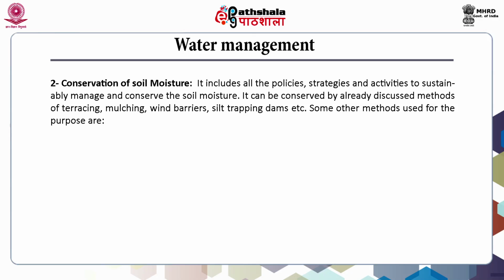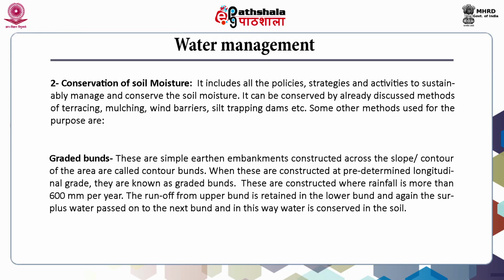Some other methods used for the purpose are graded bunds. Graded bunds are simple earthen embankments constructed across the slope or contour of the area. When these are constructed at predetermined longitudinal grade, they are known as graded bunds.